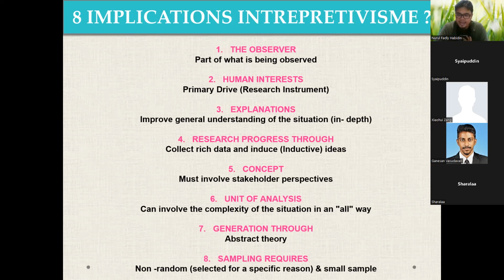That's why we also are the research instrument. Okay, in-depth explanation, that is the difference. Yes, quantitative explains, but in a scientific and systematic way. But qualitative is different. We improve general understanding of the situation, meaning in-depth explanations.